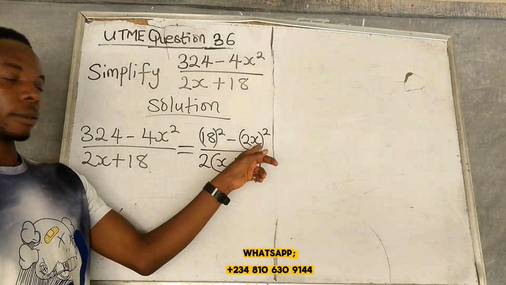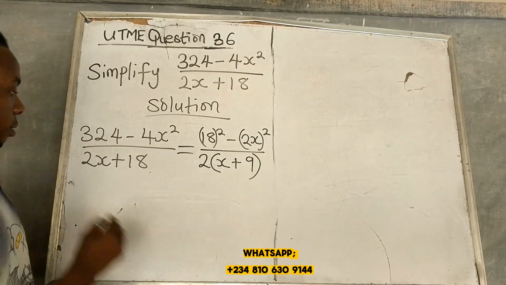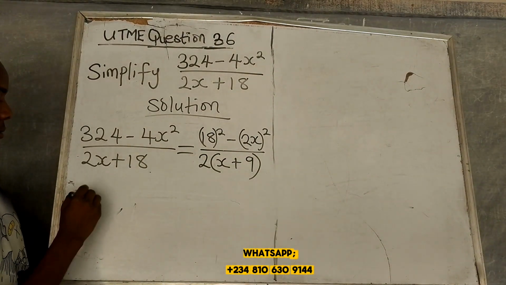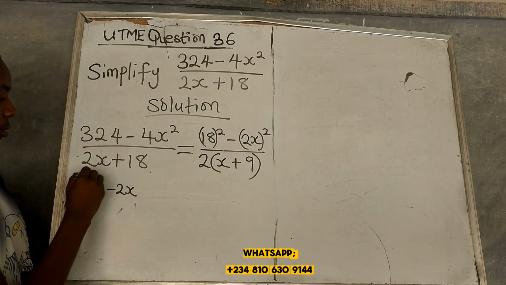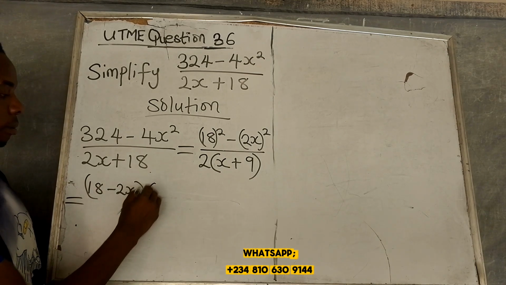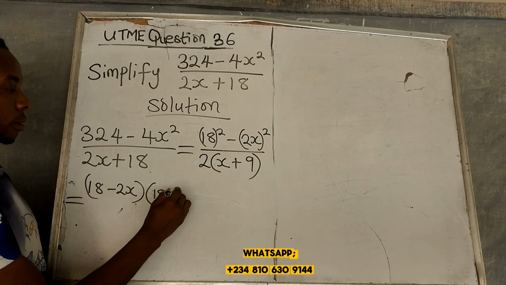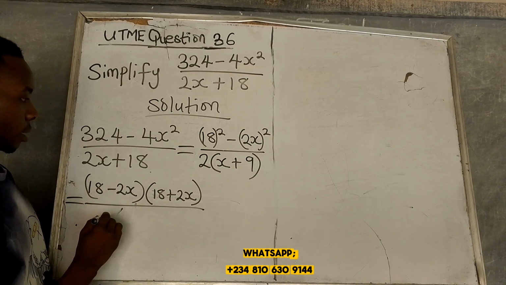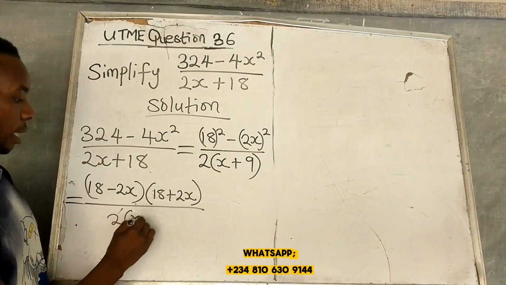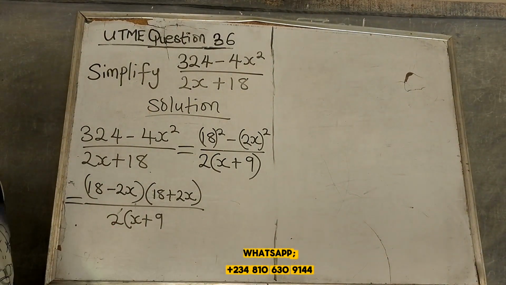So remember, the difference of two squares will be equal to (18 minus 2x)(18 plus 2x), all over 2(x plus 9). Right, this is all it is.